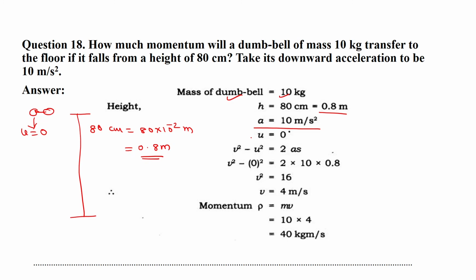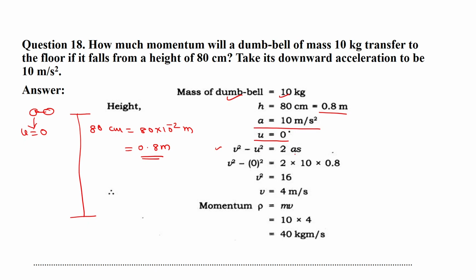Now we use the third kinematical equation, v square minus u square is equal to 2as. Final velocity that we have to calculate, v square minus u square, the value of initial velocity is 0, so v square minus 0 square is equal to 2 times acceleration, given 10 meter per second square, and the distance, this is height, 0.8 meter.